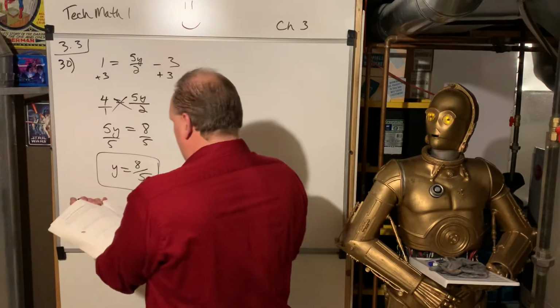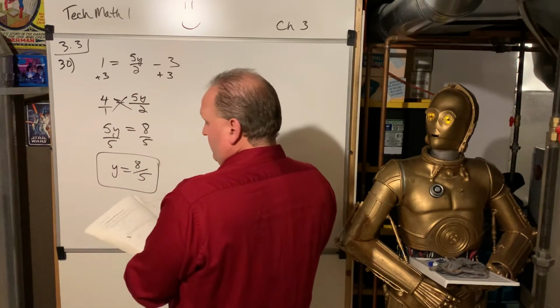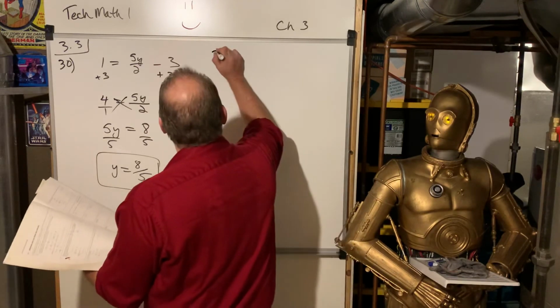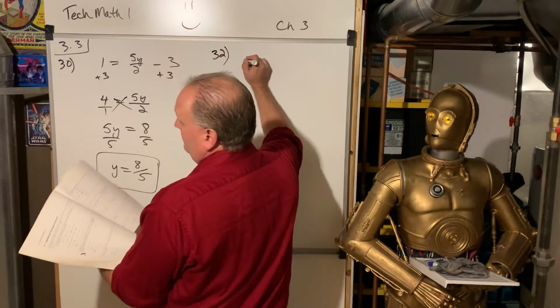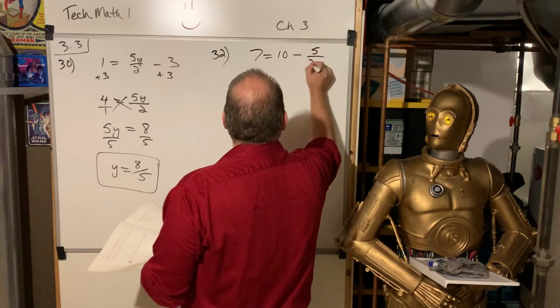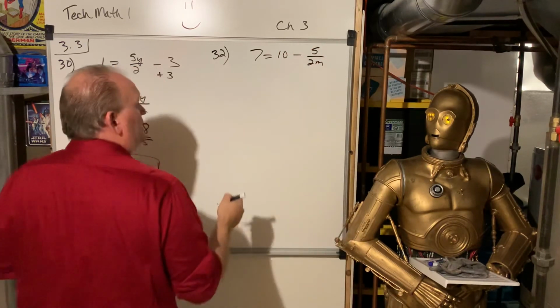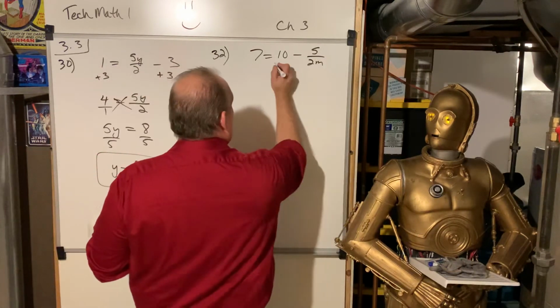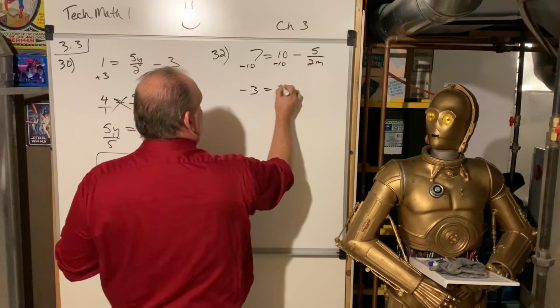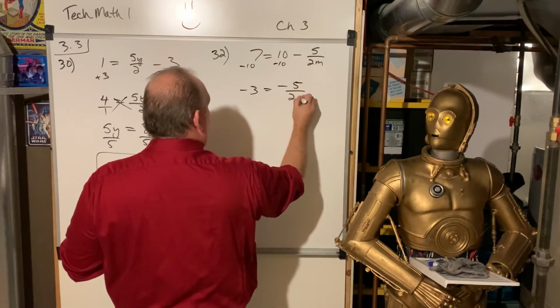All right, let's look at 32. That is 7 is equal to 10 minus 5 over 2m. So again, we want to isolate this, so we'll subtract 10 from both sides. So we get negative 3 equal to negative 5 over 2m.